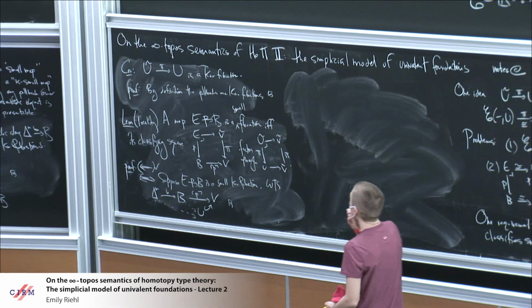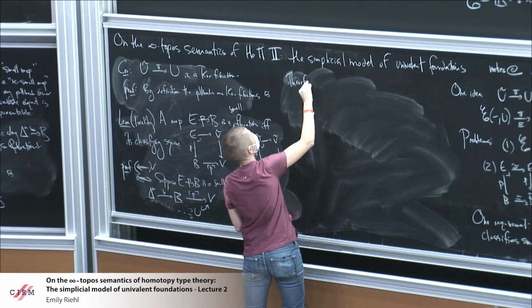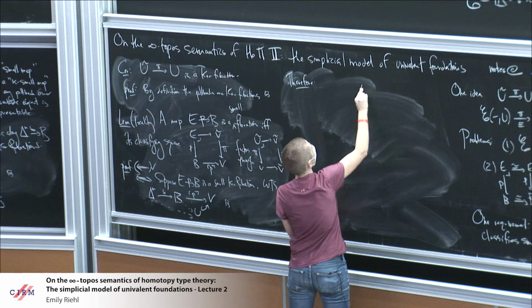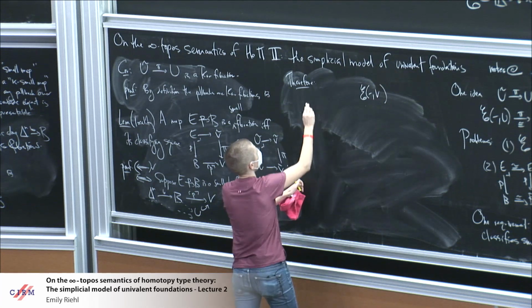Okay, so put more abstractly, a conclusion of this lemma is as follows. I have on the one hand the Hofmann-Streicher universe V. E here is the category of simplicial sets.